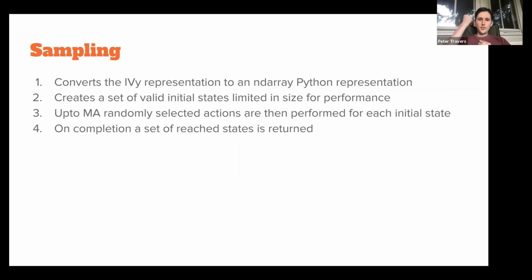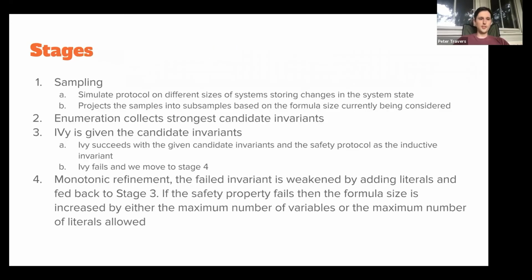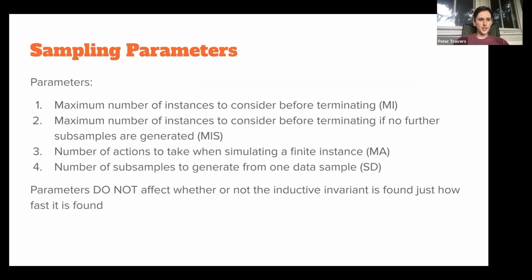So then for this next step, we return back these generated states, and then we subsample them. So we find a small set of subsamples that we randomly choose, and that's defined by SD, the number of subsamples to generate from one data sample.